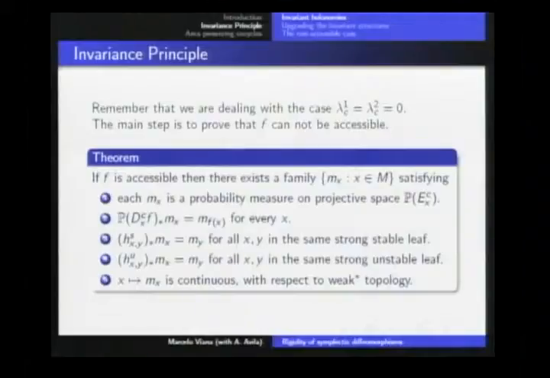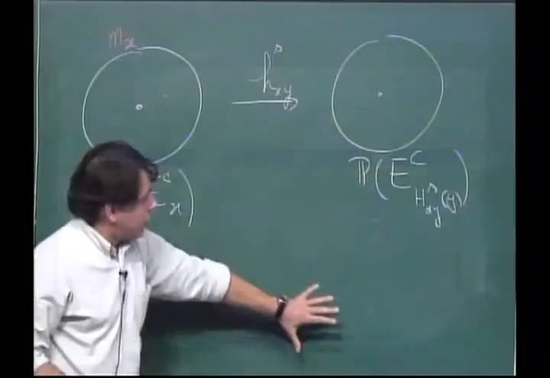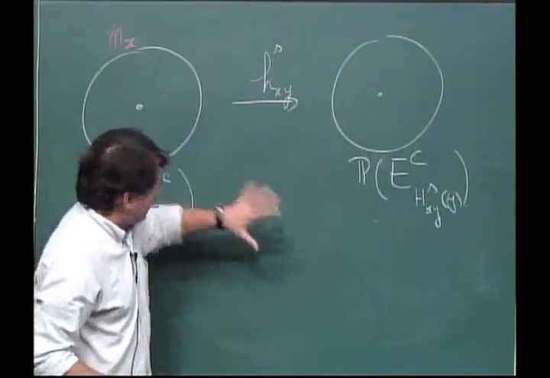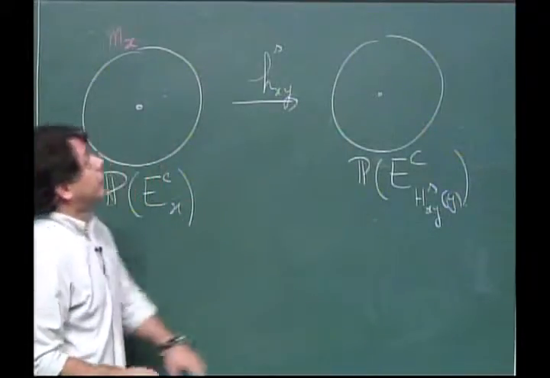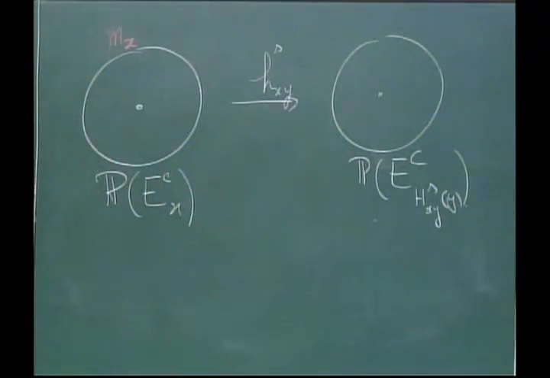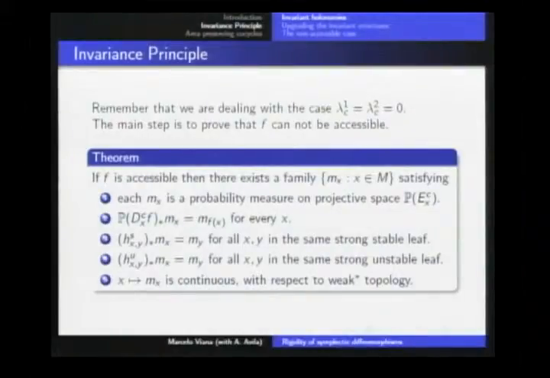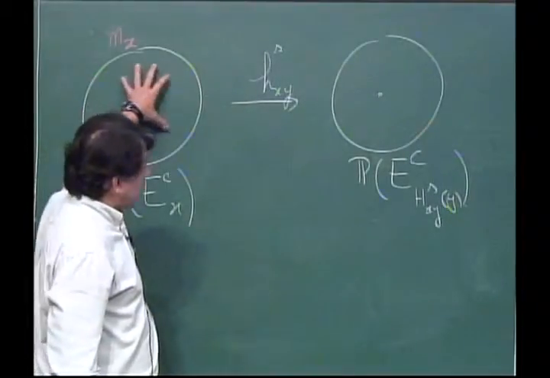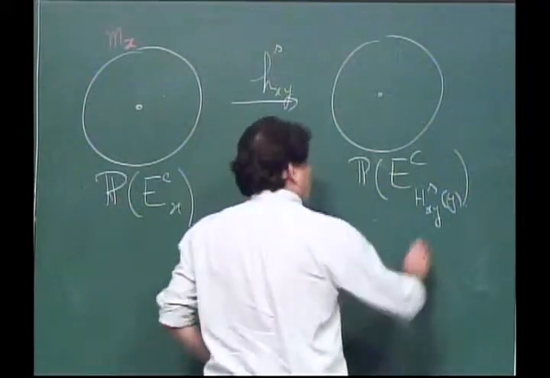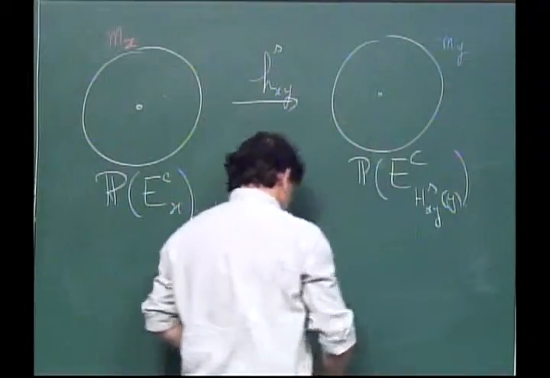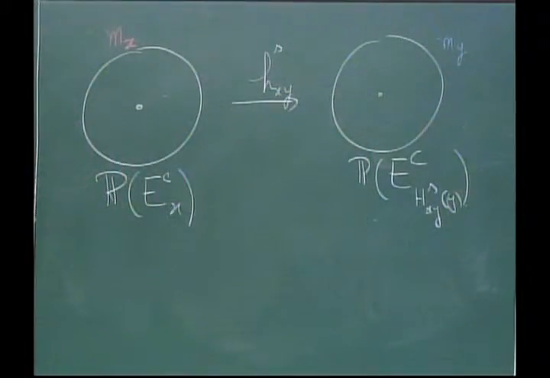These measures are invariant under the dynamics. If you take this projective tangent space and you go to the image, the dynamics takes the measure of x to the measure of f of x. That's the second step, the second statement. These measures are invariant under the holonomies. This map h_{x,y}^s takes this measure, m of x, and maps it to the measure m of y. Same thing for the unstable holonomies.